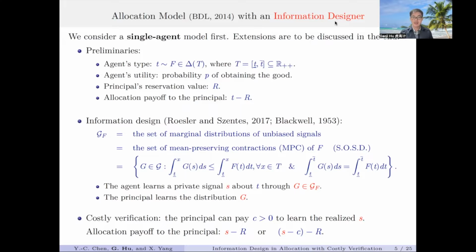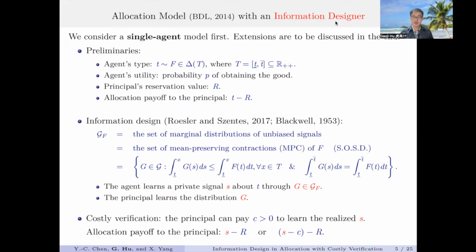And that set is the same as the set of mean preserving contractions of the underlying distribution F. So the signal distribution to be designed is dominated by the underlying distribution F in the second order sense. Okay? The agent learns the private signal s about the type t through the signal distribution G. And the principal learns the distribution G.